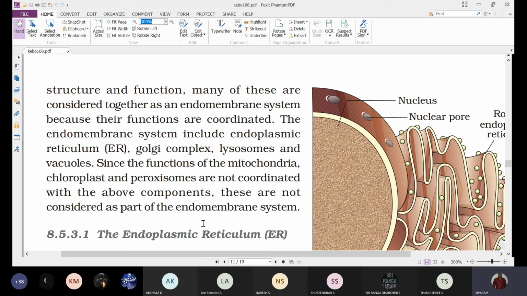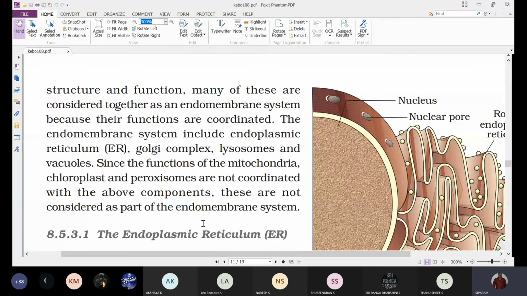Even though these membrane structures have different structures and functions, all these functions are coordinated.